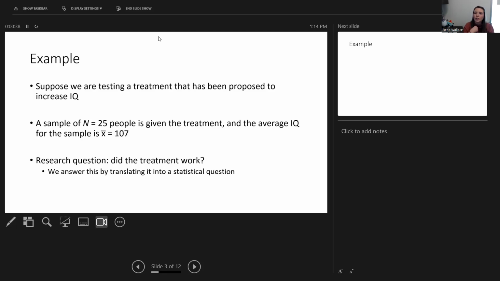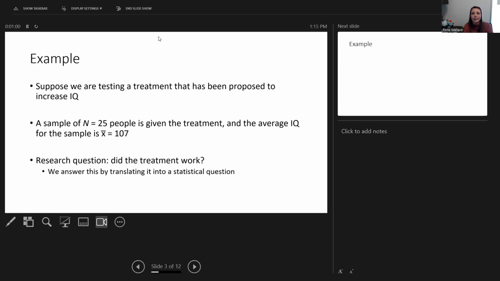So I'm a researcher. I have this hypothesis that if I do this thing with, say, sophomore college students or college students in general, I could increase their IQ score. Some intelligence tutoring or treatment that might help increase their IQ.